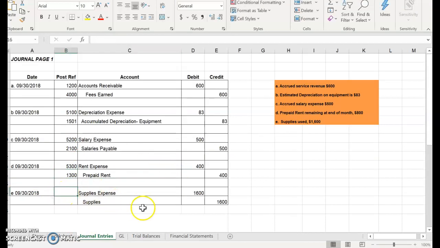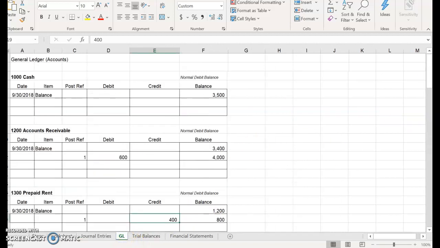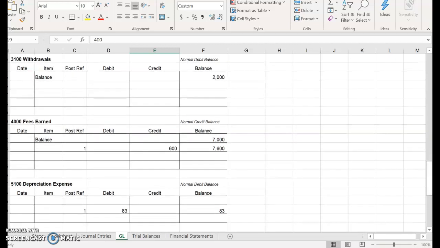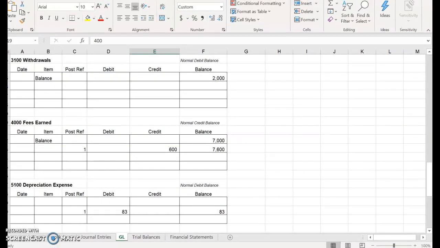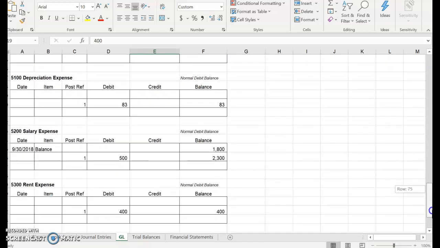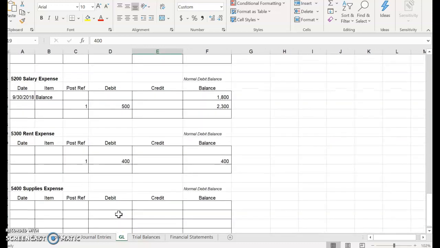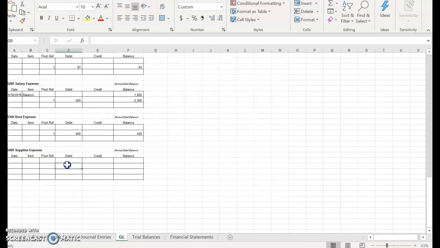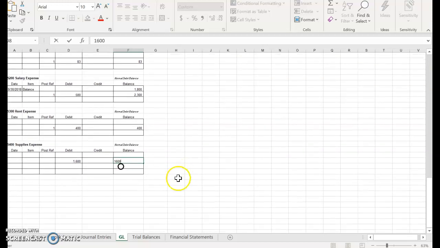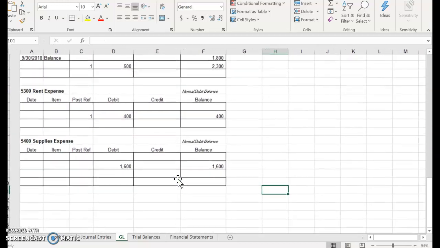Alright, supplies expense. I'm going to debit supplies expense for $1,600. So let's go to supplies expense. $1,600, and it looks like supplies expense had a $0 balance, so now it has a balance of $1,600. Trying to make this bigger here for a second.